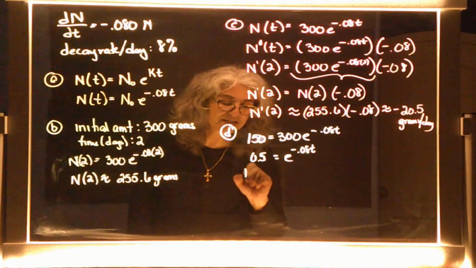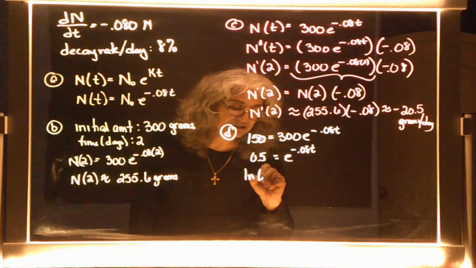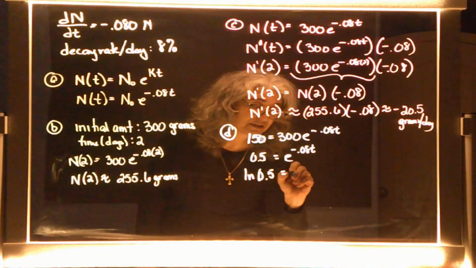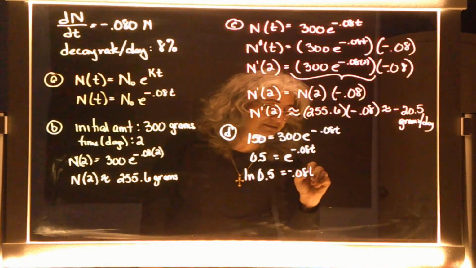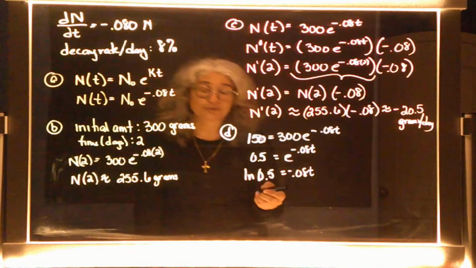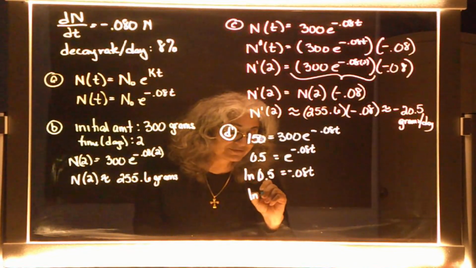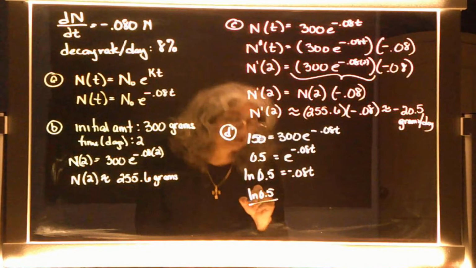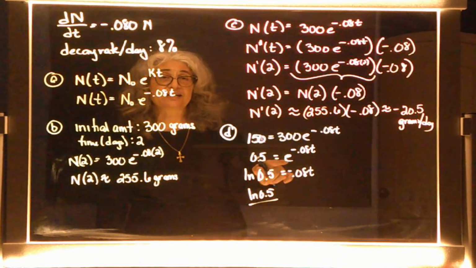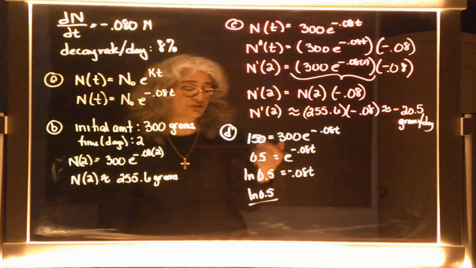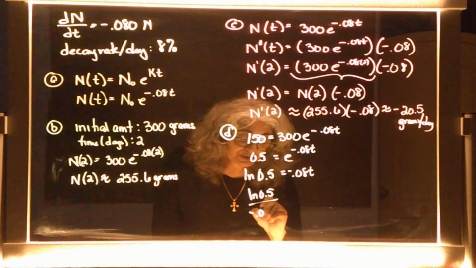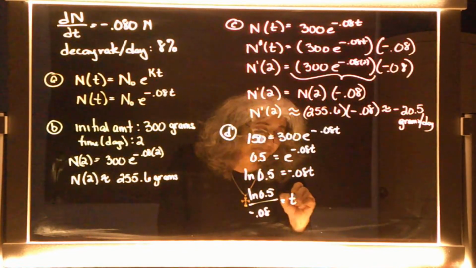Natural log of both sides to get rid of the e. Very good. Of 0.5. Now what? Divide by that negative 0.08. See, to solve this, you got to know to take the natural log, but then after this, it's all algebra. So you need to make sure that you're good with your algebra skills, right?